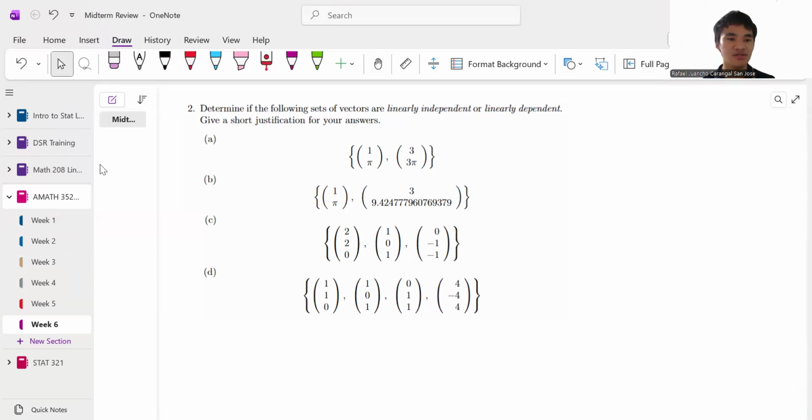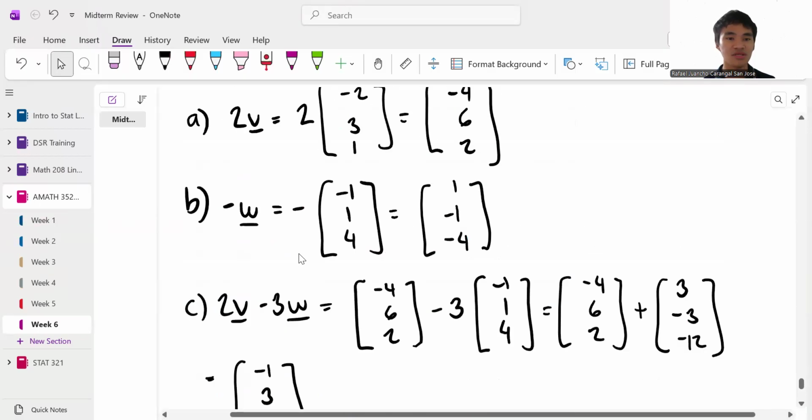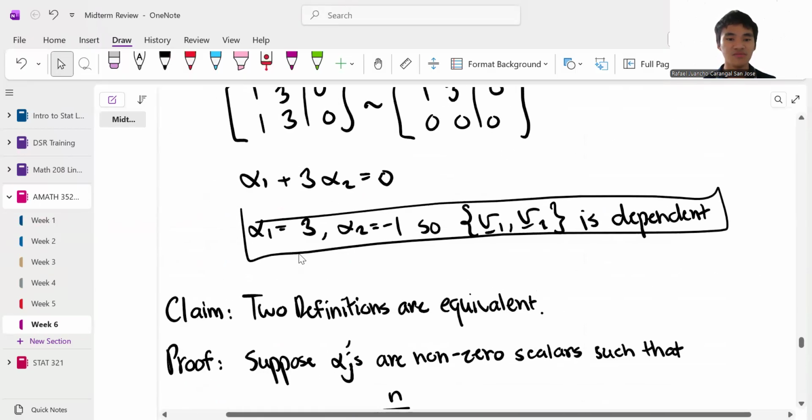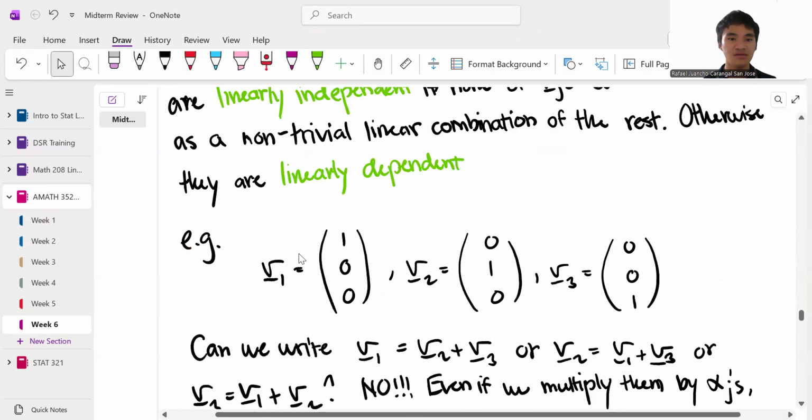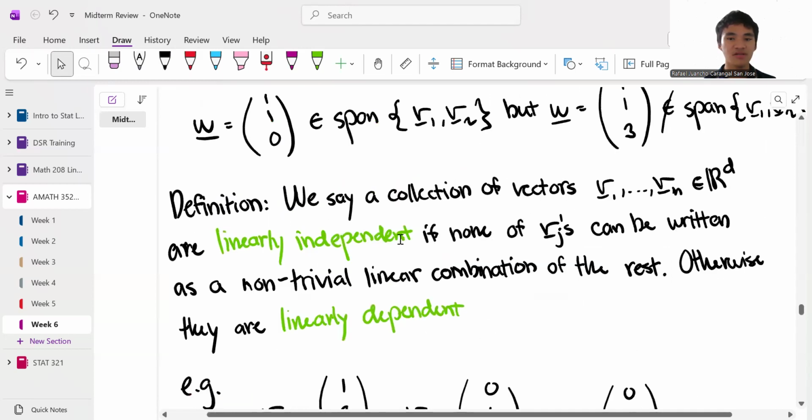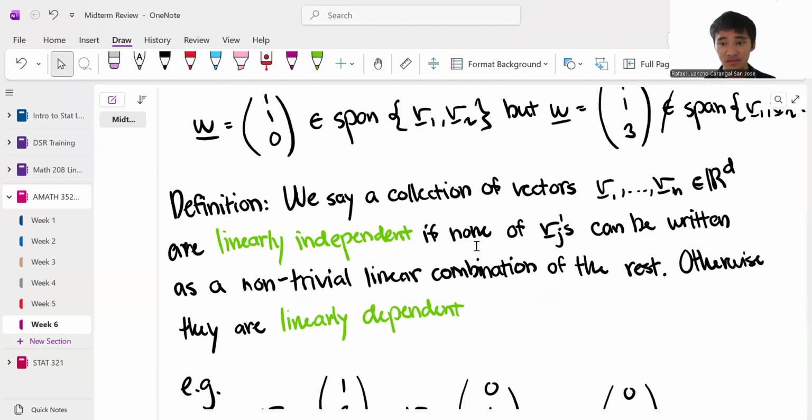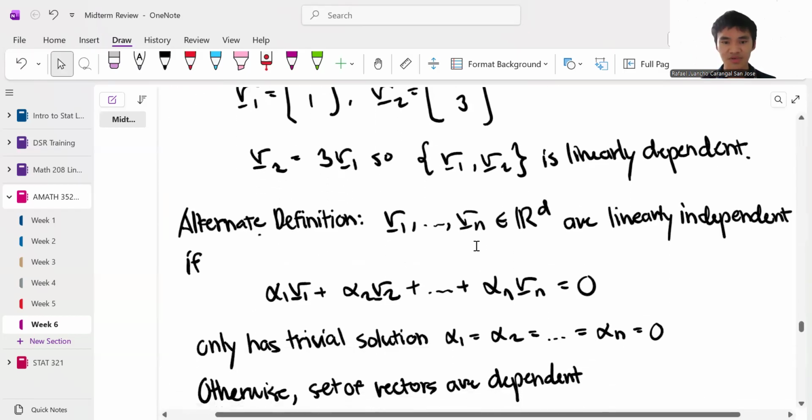And the other definition, which I'm going to be honest, I did forget what that definition was. The other definition was if we have a collection of vectors, they're linearly independent if none of the VJs can be written as a non-trivial linear combination of the rest. So I think we did a proving here.